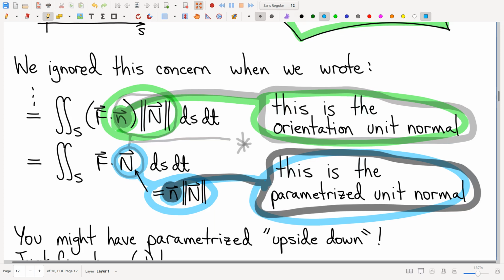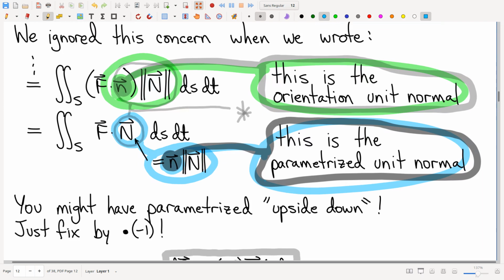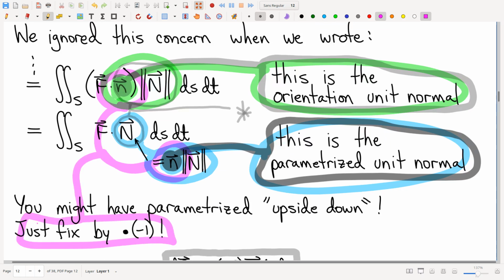All right. So, good news. The only possible difference between these two vectors is a minus 1. Either they're the same, in which case there's no problem, or they're the exact negatives of each other, in which case our answer is just off by a minus 1. So roughly speaking, the advice is to parameterize any way you want. Don't even worry about it.